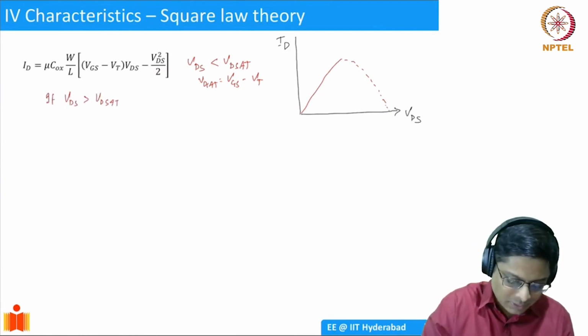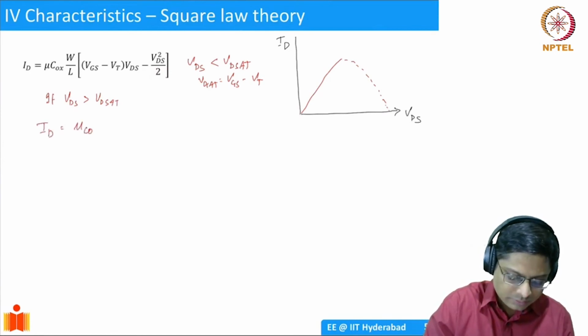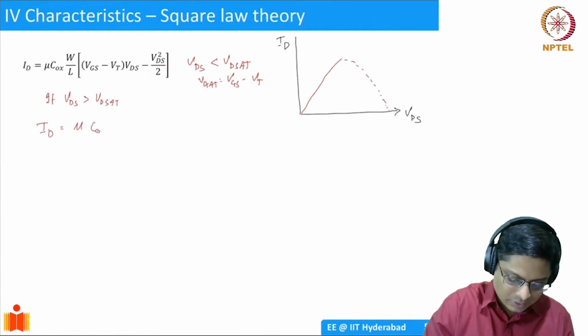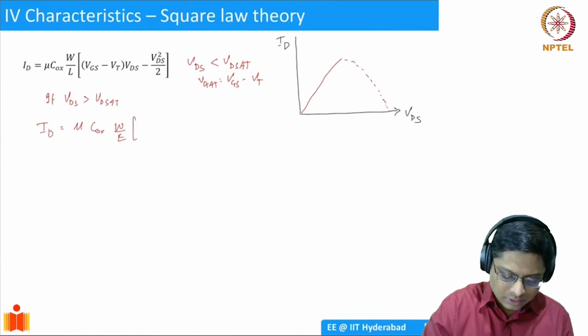This expression becomes Id equal to mu Cox W by L into Vgs minus Vt times Vd sat minus Vd sat square by 2.